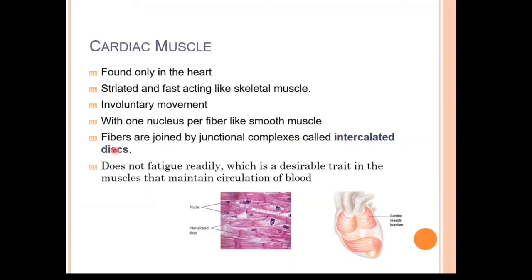These intercalated discs provide extra strength to these muscles, and these are the strongest muscles in the animal's body. They do not fatigue readily, and therefore they are a desirable trait in the muscle that maintains the circulation of the blood. That's why our heart continuously beats throughout life.